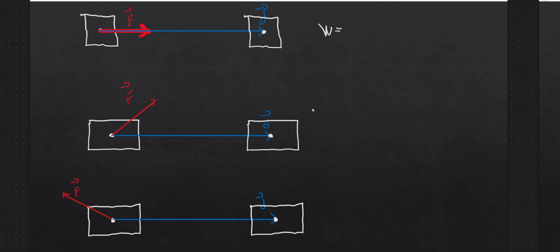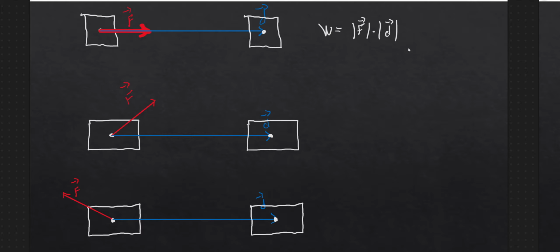But force and displacement, these are vectors. So what we're really talking about here in this one-dimensional case is the magnitude of the force, how much force, times how much displacement. That's the magnitude of the displacement, whatever this length is. So in this case, this formula works. It's super easy and nice, and we like it.